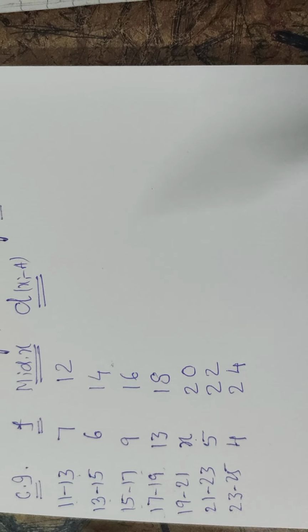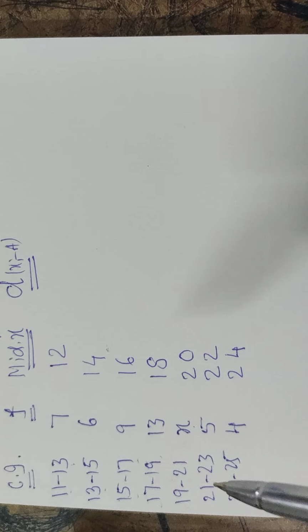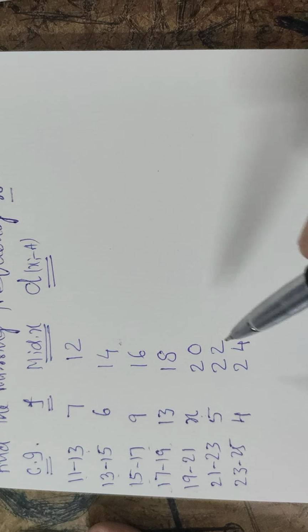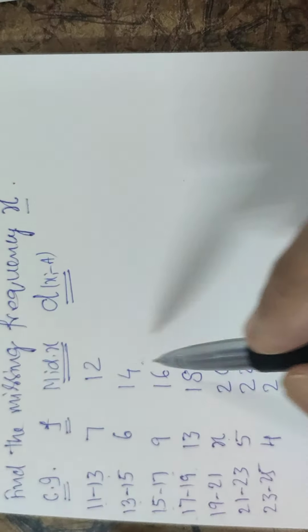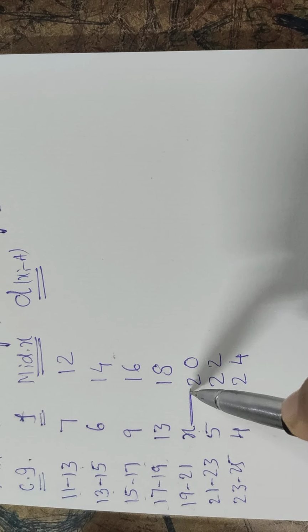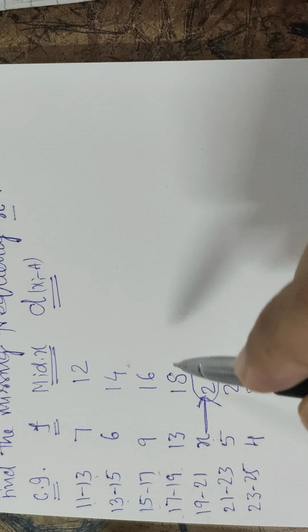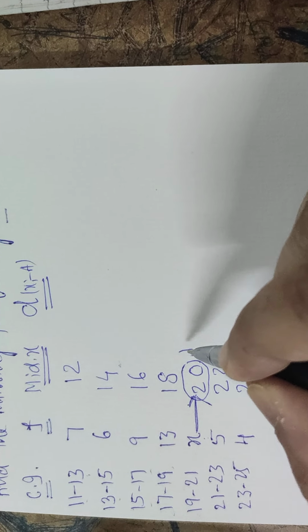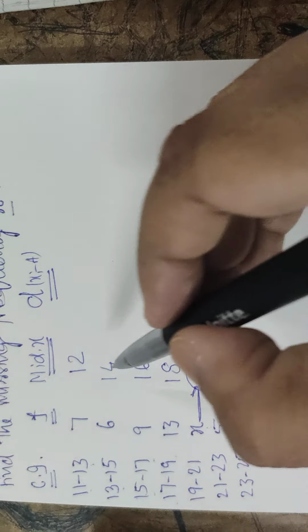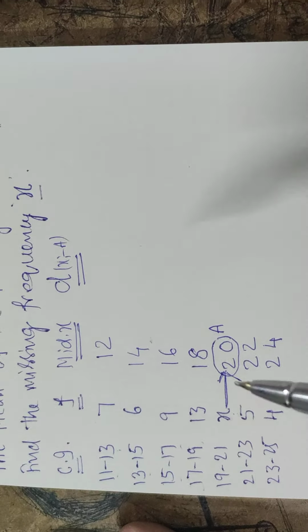But in case of missing frequency, please remember again, don't go for the mid value as a. Take the mid x value opposite to the missing frequency as a. This will give you easier calculations. Any value you can take.